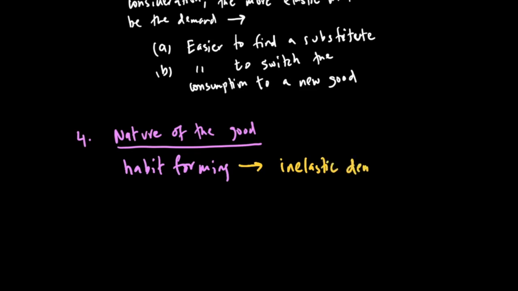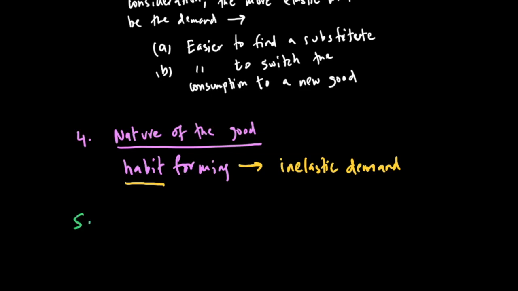So even if the price goes up, it becomes difficult for consumers to switch because they have a habit of consuming that good. It becomes difficult for people to switch or stop the consumption of that good. So the nature of the good could be a factor that can make the demand inelastic.